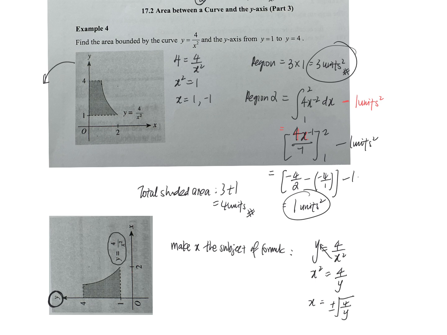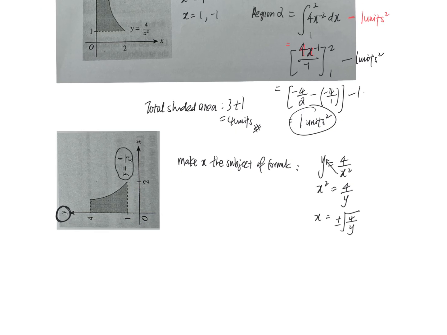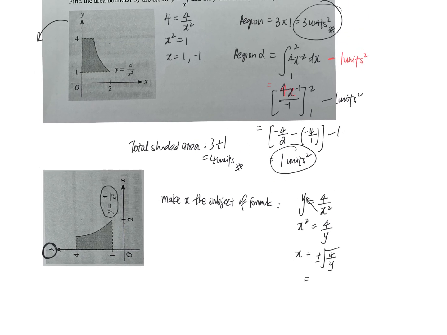Okay, when I take a square root, you will end up having two different expressions. But if you look at this, is it above or below? So we don't want this, because according to the graph, I'm only interested in the graph above.